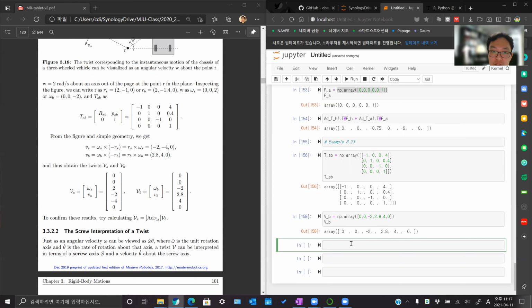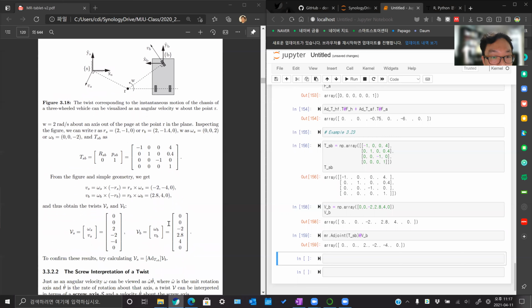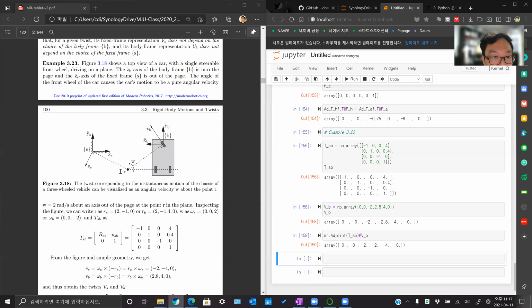Then let's compute the adjoint of T_SB multiplying V_B. Then it becomes 0, 0, 2, -2.8, -4, 0. Yeah, it's exactly the same. So this relationship is valid. So we can recognize this one is screw motion.